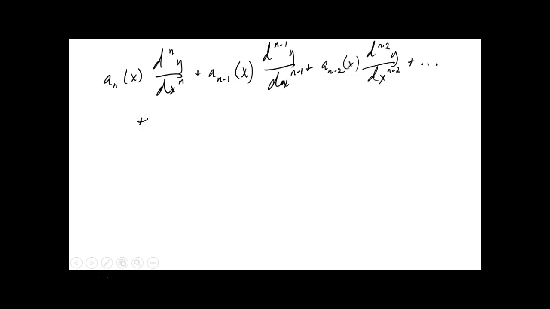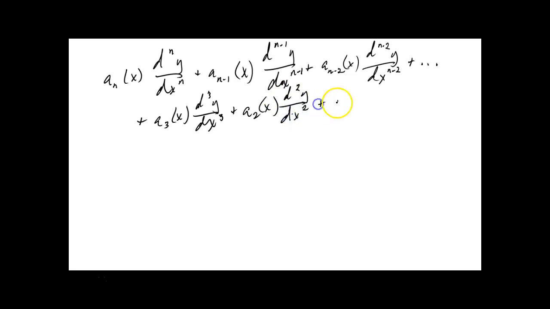Then we'll pick up at the other end: plus a sub 3 of x times d^3 y / dx^3, the third derivative of y with respect to x, plus a sub 2 of x times d^2 y / dx^2, the second derivative, plus a sub 1 of x times dy/dx, plus a sub 0 of x times y, and that's equal to some g of x.